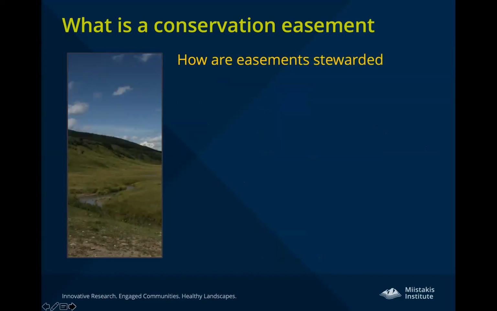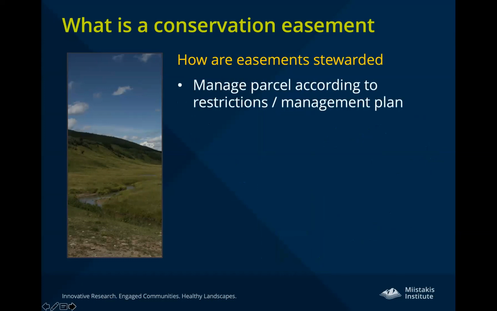So how are conservation easements stewarded? What's the mechanism for making sure that those values are maintained? So first and foremost, the parcel has to be managed according to the restrictions that are in that conservation agreement. And increasingly, organizations are including a management plan that will be part of the conservation easement, sometimes even registered with the conservation easement.